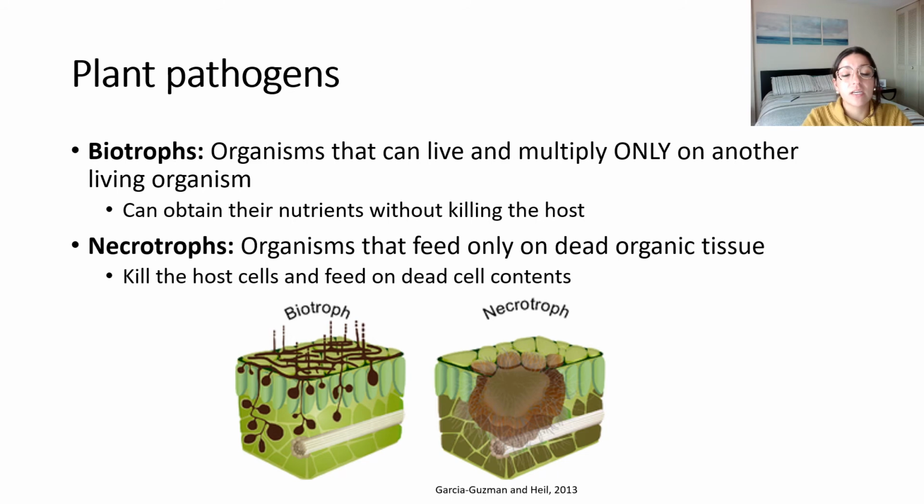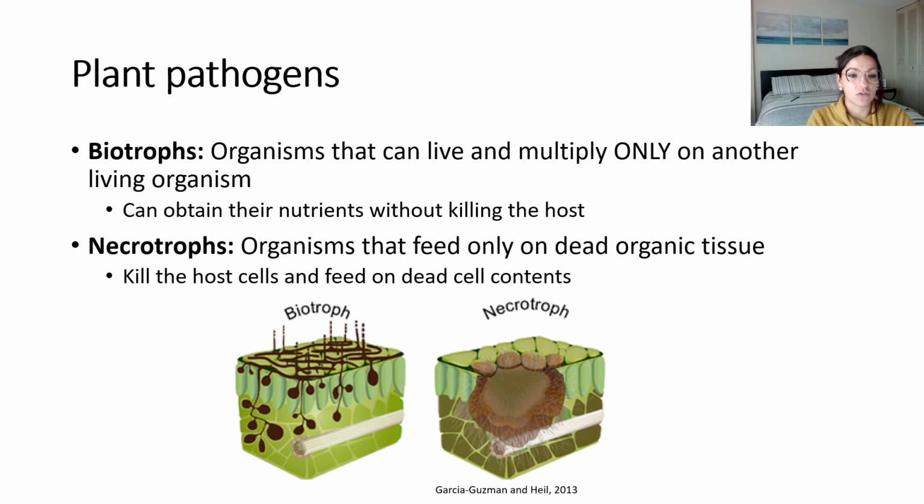Plant pathogens can be of two types. We have the biotrophs, which are organisms that can live and multiply only on another living organism, and they can obtain their nutrients without killing the host. These biotroph organisms are those that we cannot grow in petri dishes.